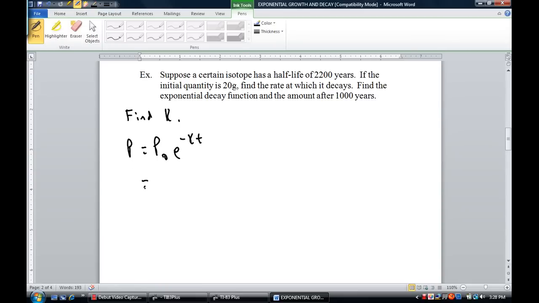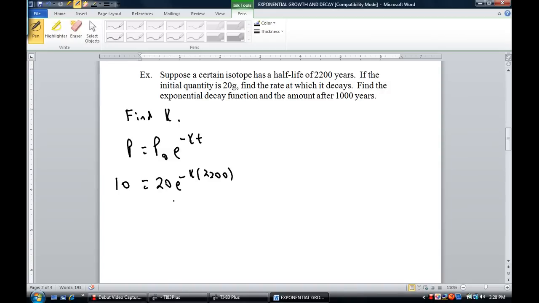So we know that the initial amount is 20 grams. And we don't know what k is, but we know that it takes 2200 years for it to decay, so that's our t, to half its life. So half of 20, I just told you the answer. Half of 20 is 10. So after 2200 years, it decays from 20 grams to 10 grams.